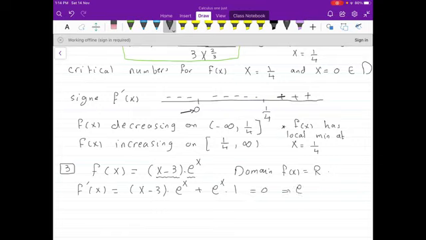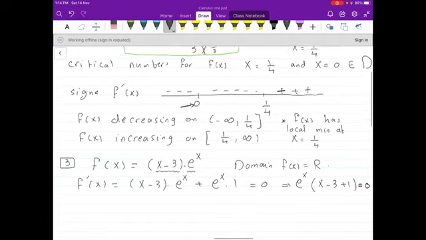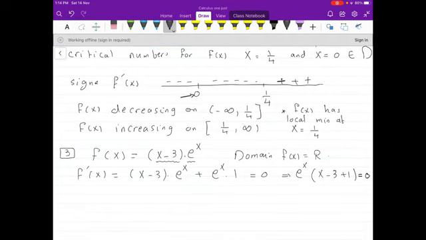Simplify. Take e to the power x as a common factor. You get x minus 3 plus 1 equals 0. So f prime of x equals e to the power x times x minus 2.